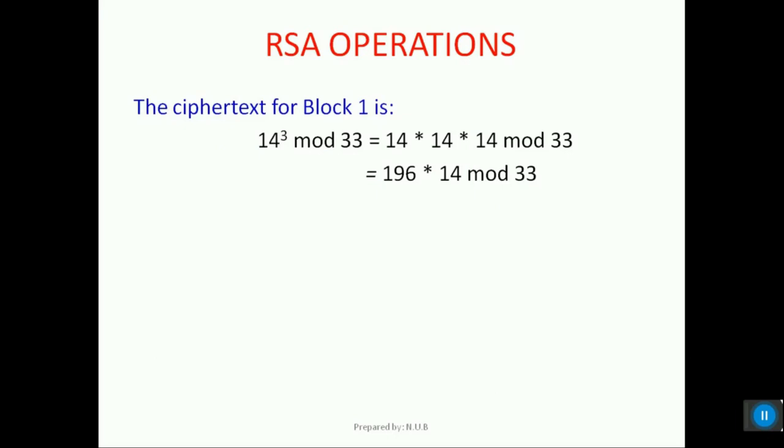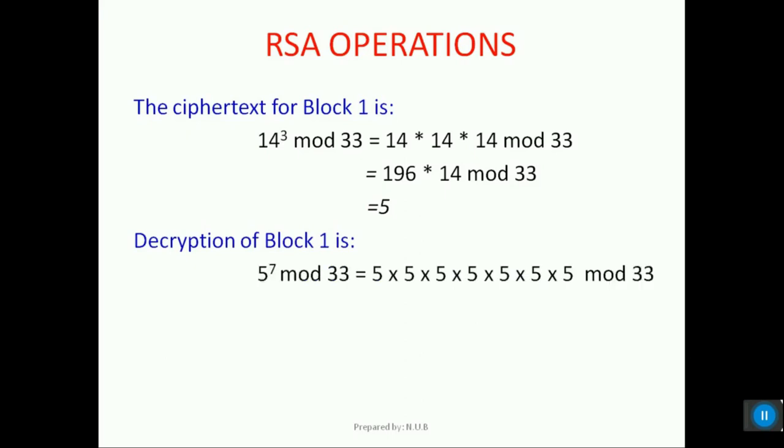The ciphertext for the first block can be calculated in this way. The first block can be written in decimal as 14, and 14 power E, that is 3, mod 33, which can be calculated in this way, that is 196 into 14 mod 33, which comes to 5. Now let us see the decryption process for this block.